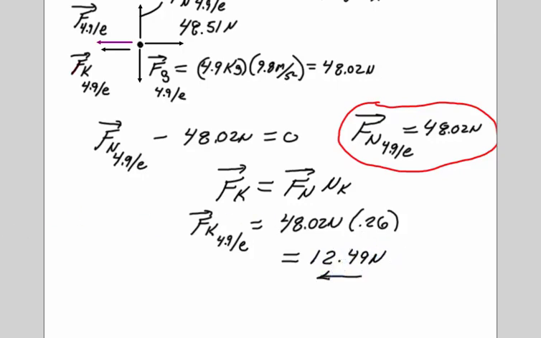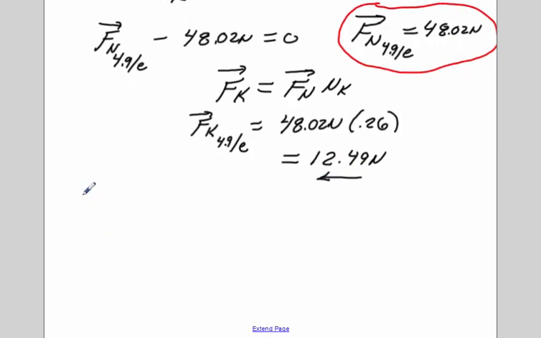At this point, I will sum the forces in the x direction, and I will set that equal to mass times acceleration in the x direction. Well, we know right now we have this, so I'll put negative 12.49 newtons.